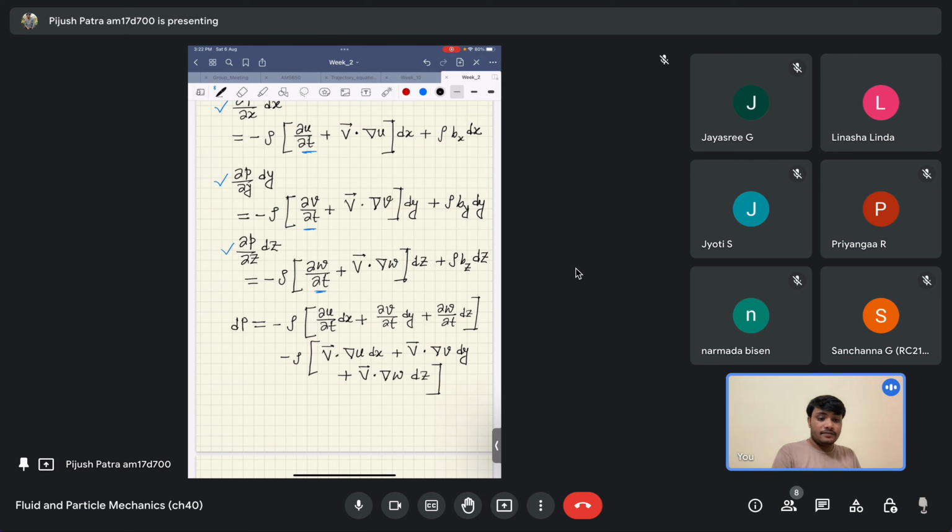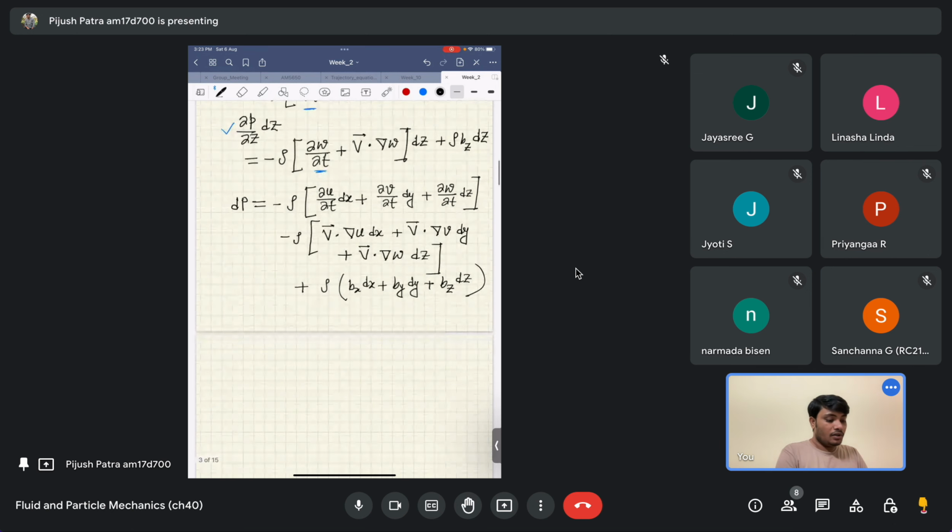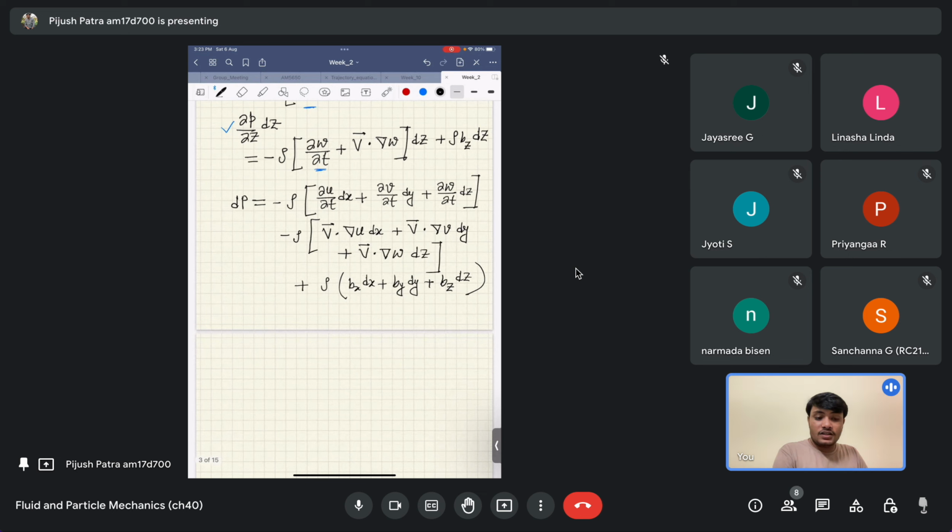Fine, up to this, plus I have rho into b_x dx plus b_y dy plus b_z dz, as simple as that. So up to this equation it is clear, right?